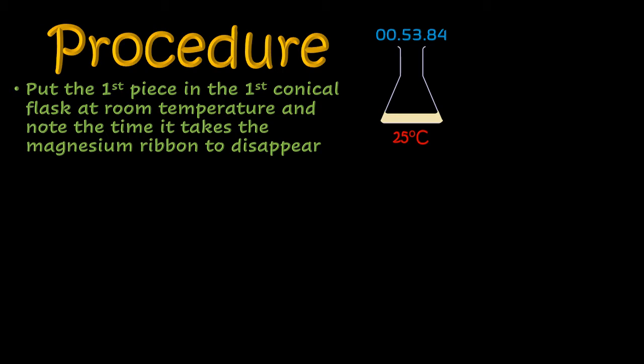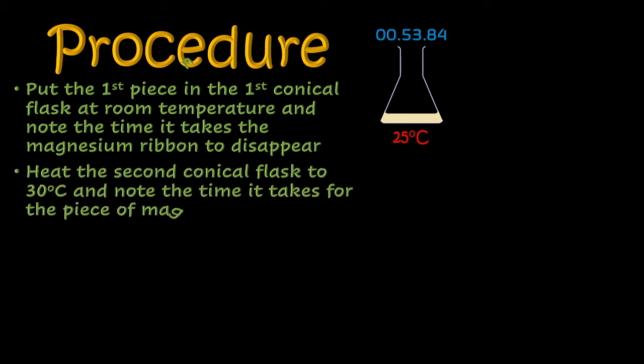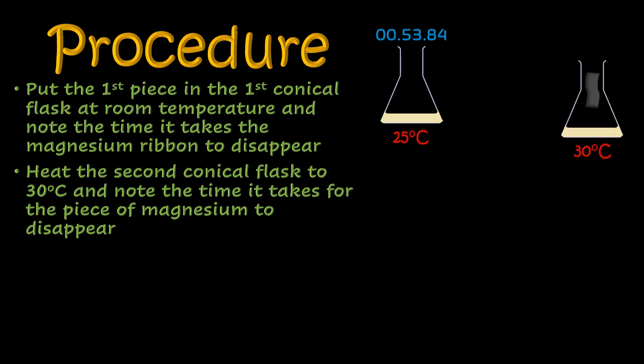I've given a digital reading of what you might see on your stopwatch when you carry out the procedure. Then you will heat the second conical flask to, this time, 30 degrees Celsius, so we have varied the temperature, but we are still putting in the same mass of magnesium ribbon in the same concentration of hydrochloric acid, and let's say that that is the other reading that we get.